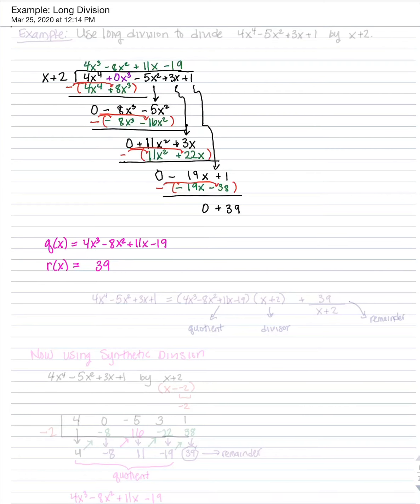And what this means is that our polynomial 4x to the fourth minus 5x squared plus 3x plus 1 is equal to our quotient 4x cubed minus 8x squared plus 11x minus 19 times the divisor, the x plus 2, plus our remainder, which was 39. And you always put the remainder over the divisor. That's the x plus 2.